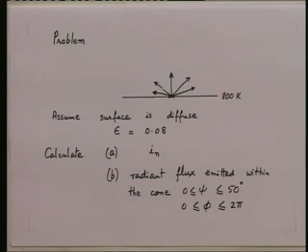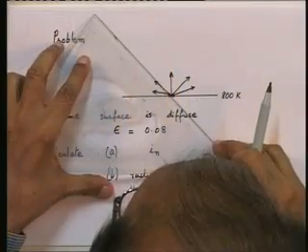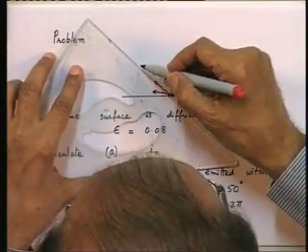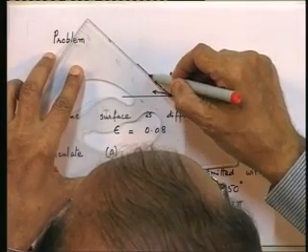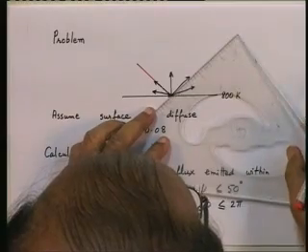So we would like to know how much radiant flux is being emitted within the cone, which has a semi angle of 50 degrees. Let me draw that. Let us say this is 50 degrees here. This is the 50 degree cone.